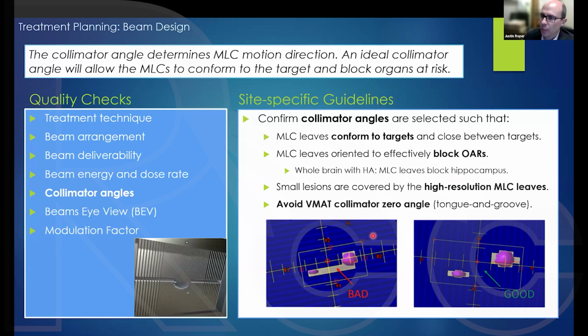And Jose, could you very briefly explain the tongue and groove effect? So what does that mean? All right, so if you think about the MLC leaves, if the space between the leaves is always overlapping, then you're going to get areas on your dose distribution that are basically adding all those transmissions over the same area. That's basically the way I look at it. The other thing too is you have the rounded tip of the leaves.